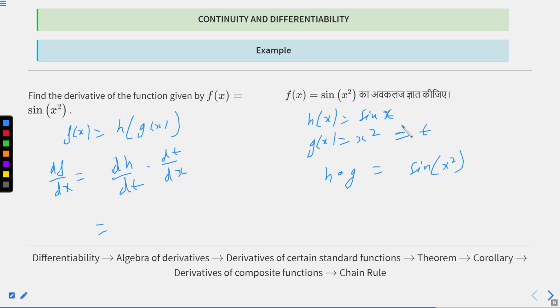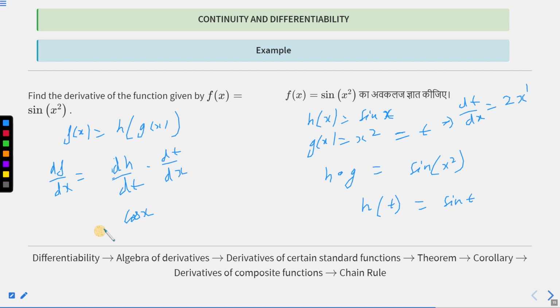dh by dt means h of g of x is now t, so this will be sine of t. The derivative will be, as you already know, cos t. So cos t multiplied with dt by dx. For dt by dx, just differentiate x square, which gives 2x.